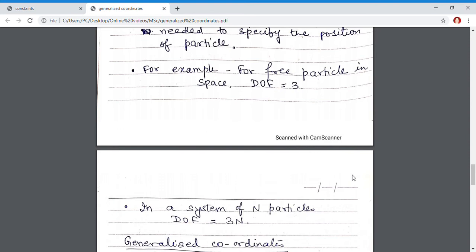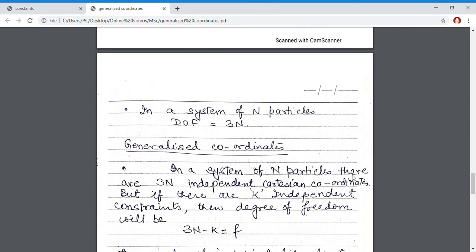Now, in the first problem removal, I have stated the term generalized coordinate. Now, I am going to discuss what generalized coordinates are. Here for n particles, I have already stated that we need 3n independent coordinates, which were degrees of freedom.